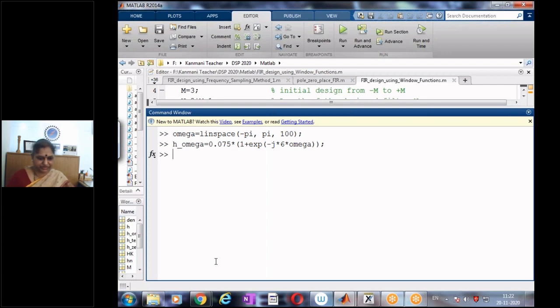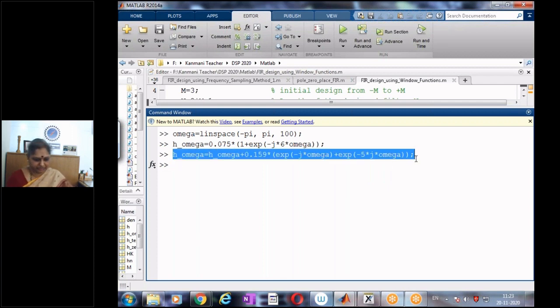Let me compute. This is the first term, 0.075 into (1 plus e to the power of minus 6j omega). Then I need to add one more term: H omega equals H omega plus 0.159 into (e to the power of minus j omega plus e to the power of minus 5j omega).